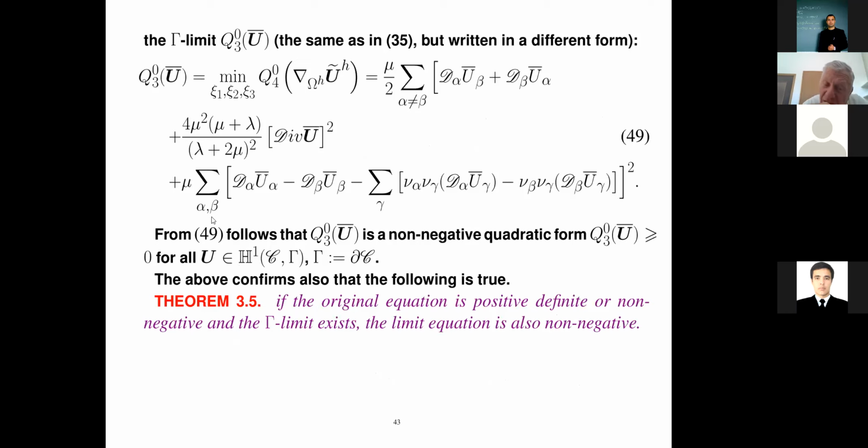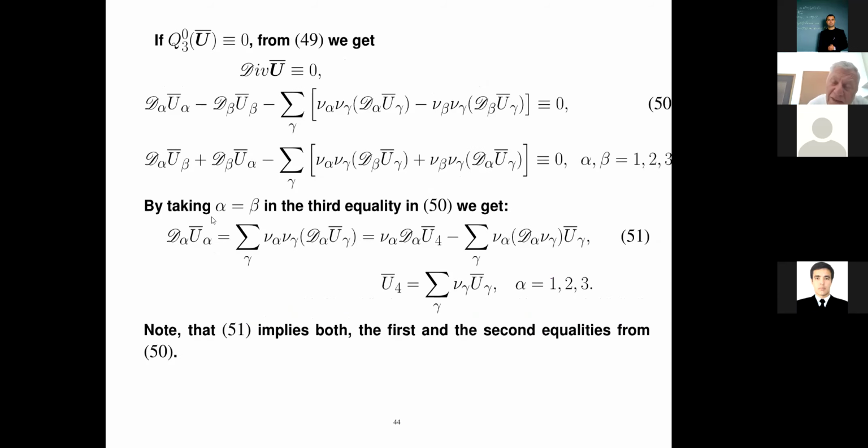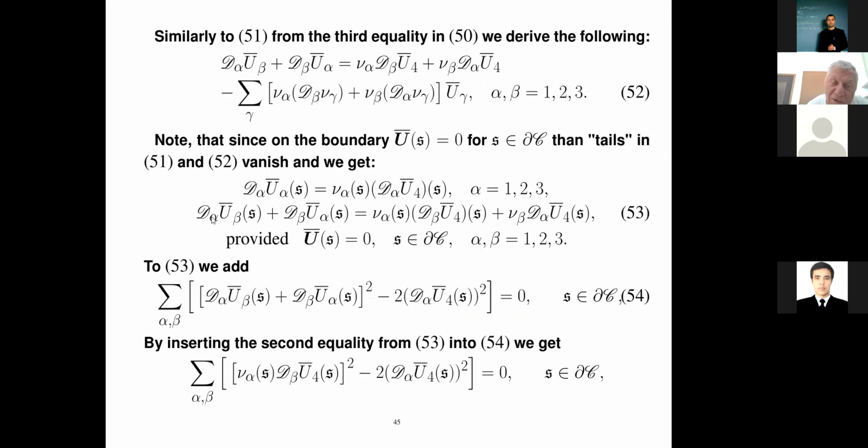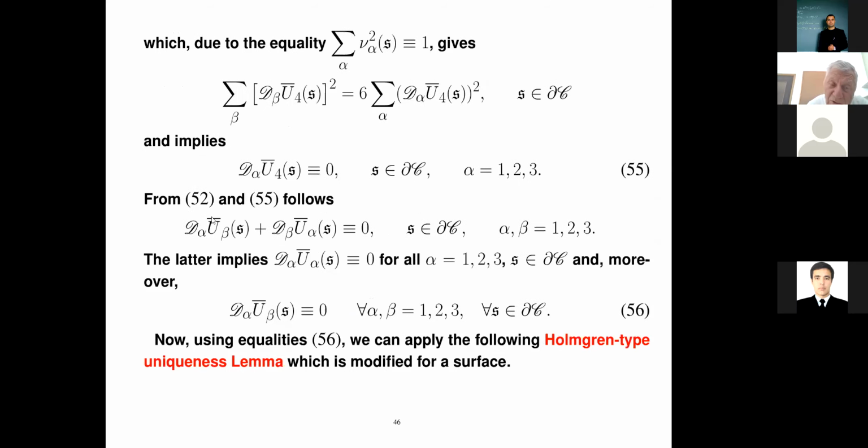If the original equation is positive definite, the gamma limit has a very good property: if we find the gamma limit of this equation, then the gamma limit is also positive definite, and it maintains the positive definiteness of the equation. And this is very important. And this proof is also here.